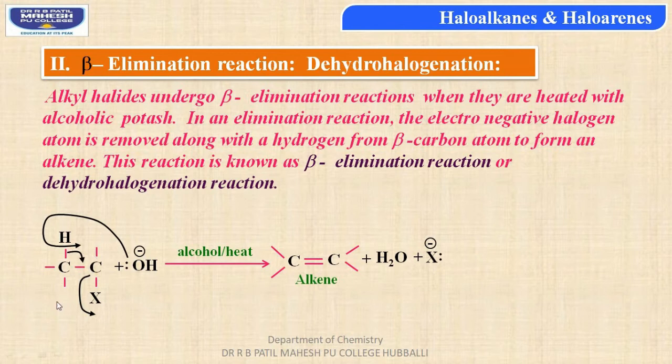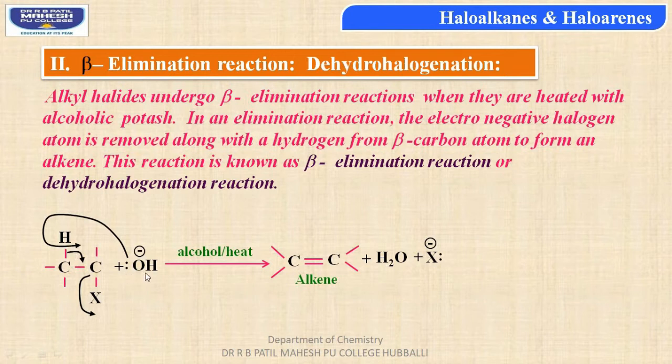Let us understand the reaction with an example. When an alkyl halide, students, which is having beta hydrogen, in this case the halogen atom is linked to the carbon atom, it is called alpha carbon, whereas adjacent to alpha carbon, students, we are having beta carbon. So the removal of the hydrogen atom occurs from the beta carbon atom.